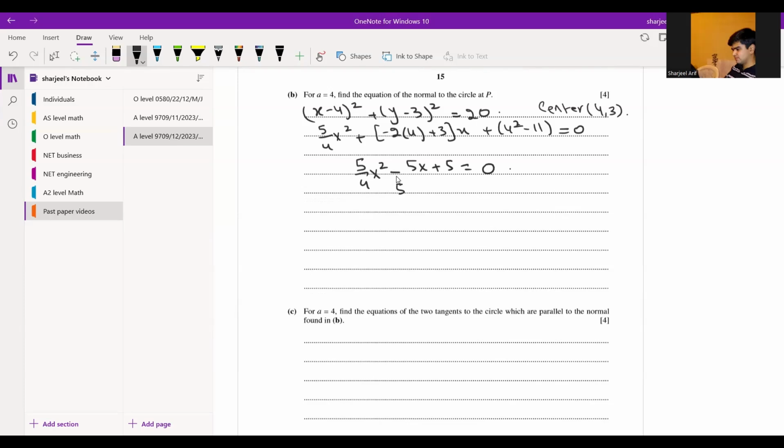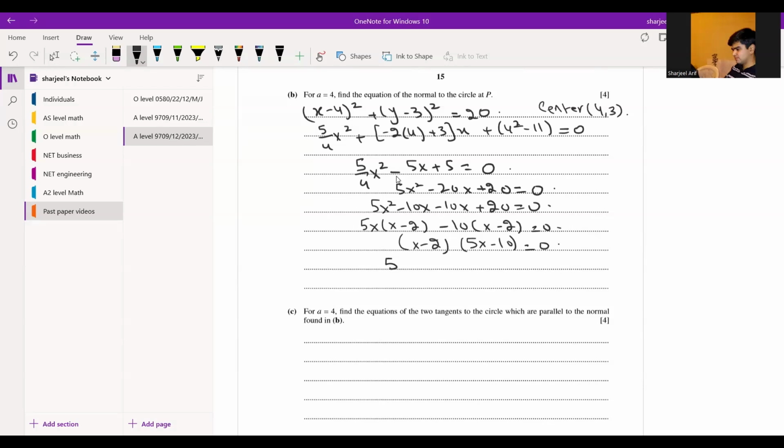We can take the LCM here. This will become 20x plus 20 equals 0. Now we can make the factors. That would be 10x and 10x equals 0. We can take 5x common from the first part and minus 10 from the second one. So (x minus 2) and (5x minus 10) will be equal to 0.